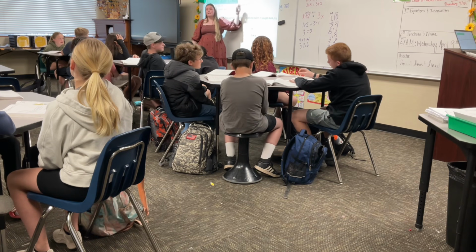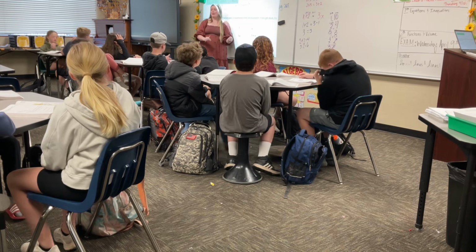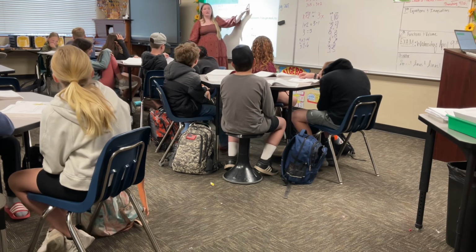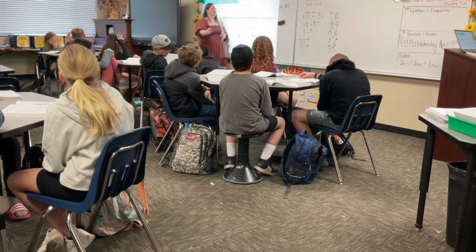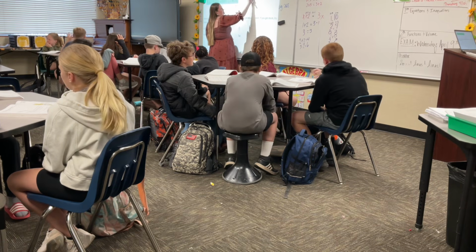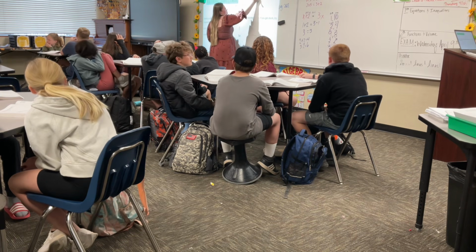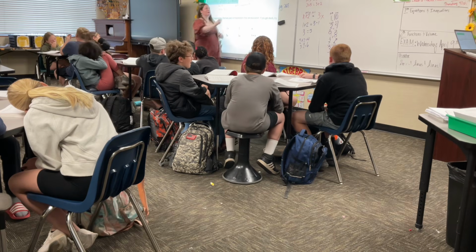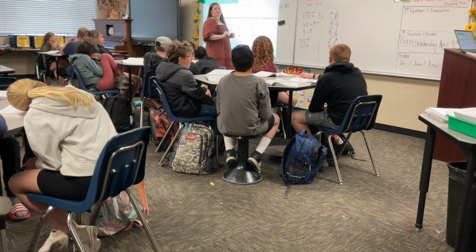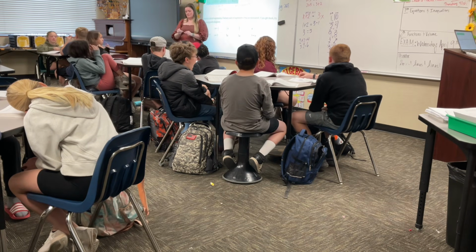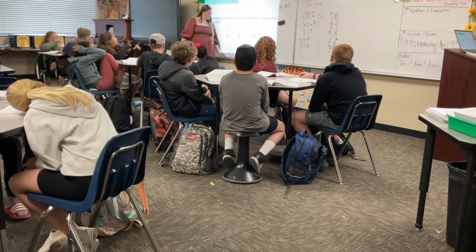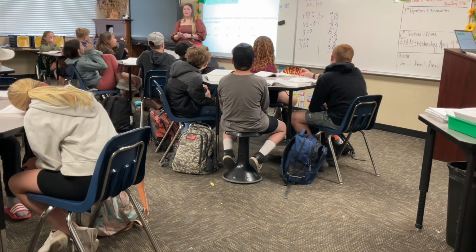Our coefficient is the number being multiplied by our variable. This is the same thing as this. Those two are the same. The multiplication sign is just invisible. Okay, it's invisible math. You can tell your parents you learned about invisible math. Whoa. And that's a real thing.